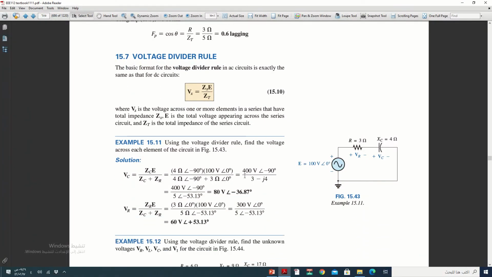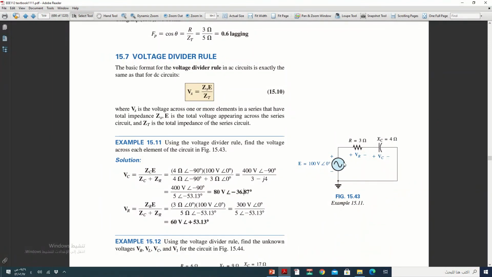Direct example we will apply. We have a circuit, we have a resistor, capacitor, and total voltage, and we will apply it directly. If we need VC, we'll say ZC multiplied by total voltage divided by the total impedance. By calculator, you will find the answer directly.